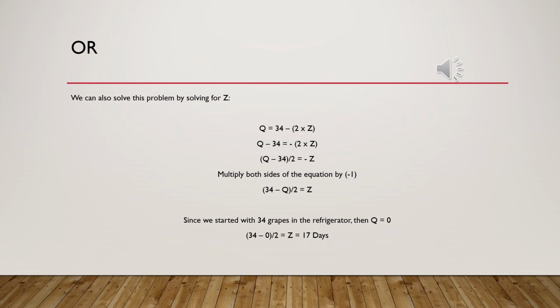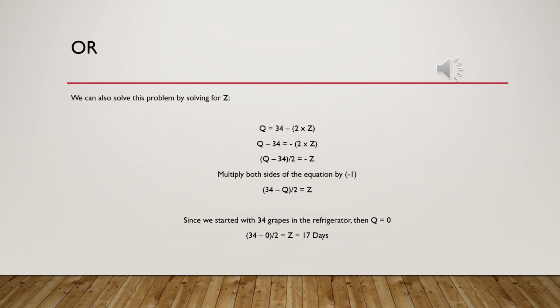And then dividing both sides of the equation by 2, that will give me Q minus 34 over 2, that will give me negative Z. To get rid of the negative before Z, I multiply both sides of the equation now by negative 1. And that will result in the equation 34 minus Q divided by 2 equals Z.